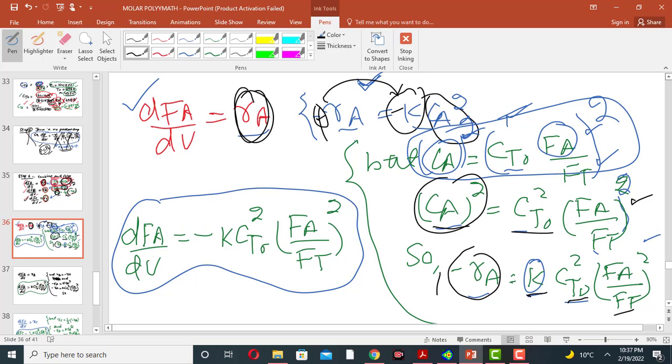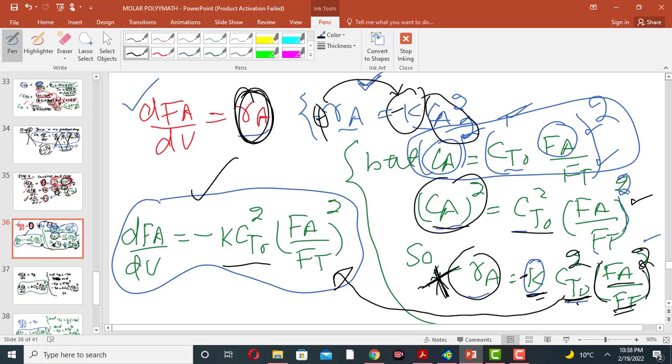Multiply both sides by minus, this will become minus k into Ct0 squared into FA divided by FT whole squared. So this minus minus will cancel, and this is plus RA. So RA is equal to minus k into Ct0 squared FA divided by FT whole squared. Plug this term in place of RA, so dFA is equal to this one.